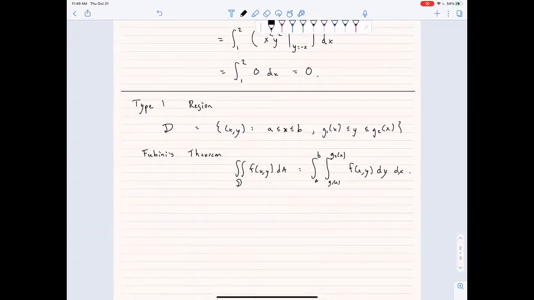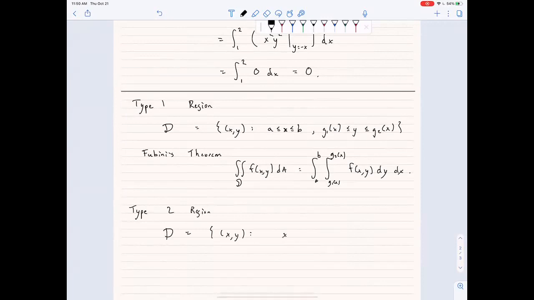And a type 2 region is similar. Type 2 regions, however, instead of having bounds of y in terms of x, it's the opposite.